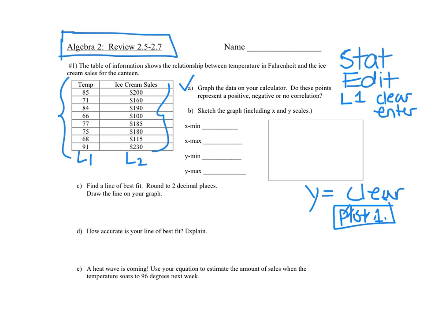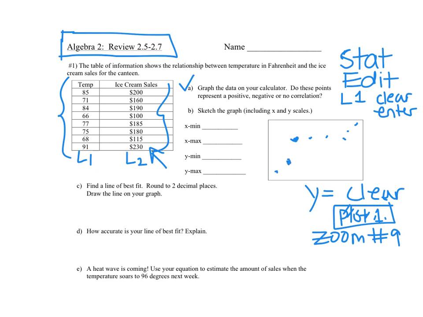The next thing you're going to do is press zoom number 9. That's zoom stat. Zoom 9, and there we go. And so I'm going to quickly plot them on my calculator. If your points are off somehow, it means that you made a mistake entering your data into your calculator.